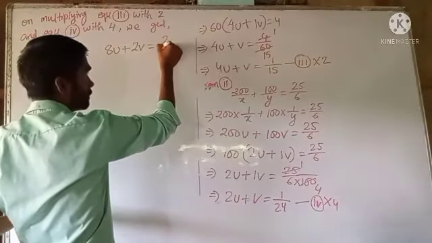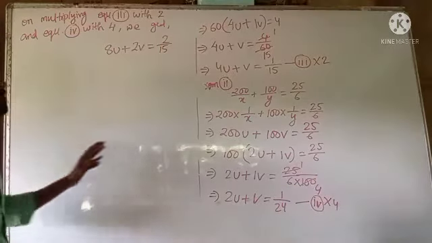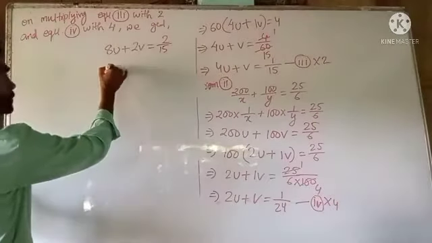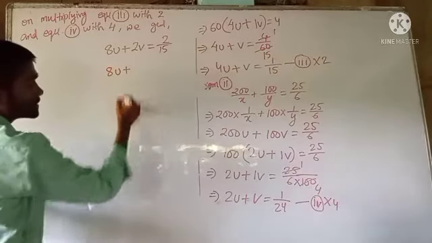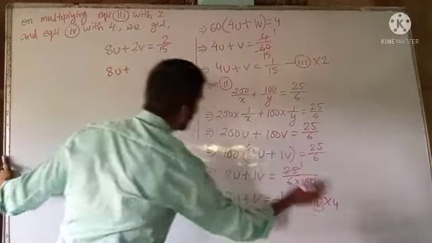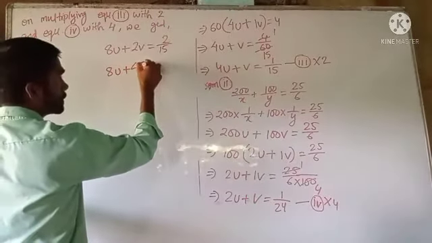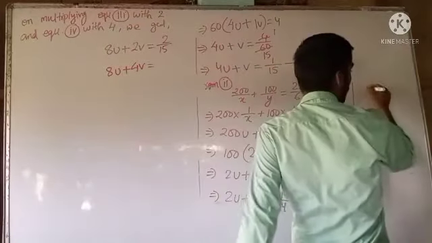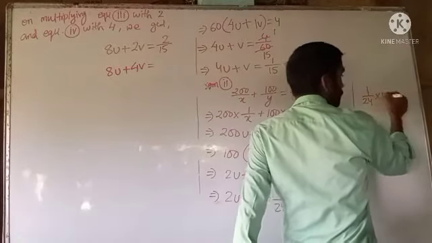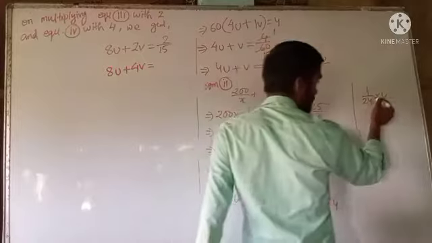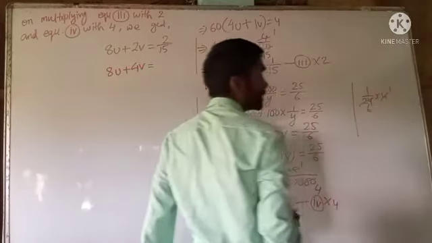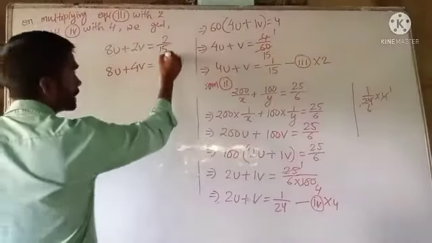Equation 4 we multiply with 4: 4 into 2 gives 8u, plus v into 4 gives 4v, is equal to 1 by 24 into 4. When multiplying we can cancel: 4 one time is 4, 4 six times is 24. So we get 1 by 6.